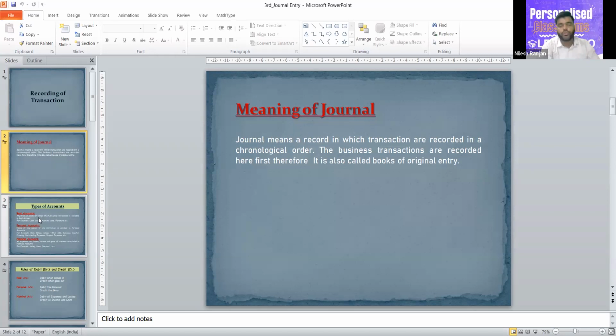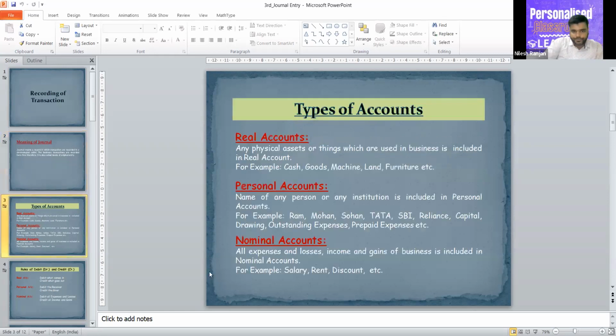You can see here in personal account, I have written that the name of any person or any institution is included. For example, Ram, Mohan, Sohan, Tata, SBI, Reliance, and after Reliance there is the word capital. Capital means we cannot use the name of the owner in our business.